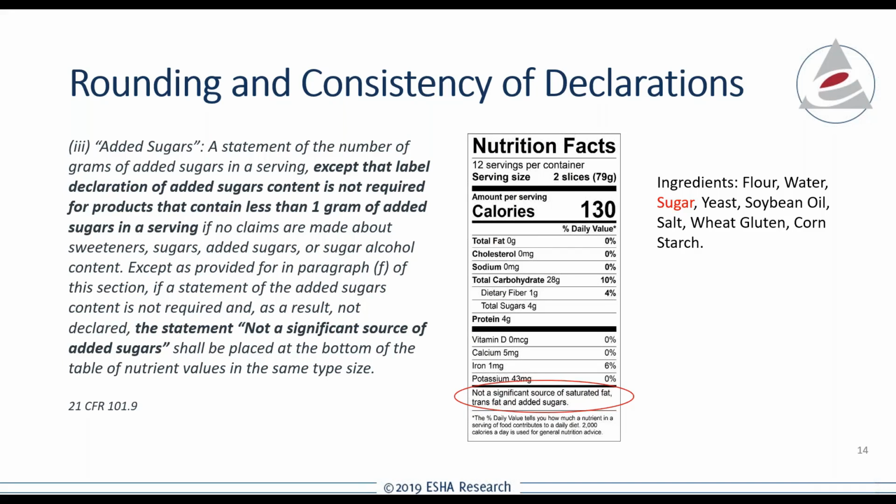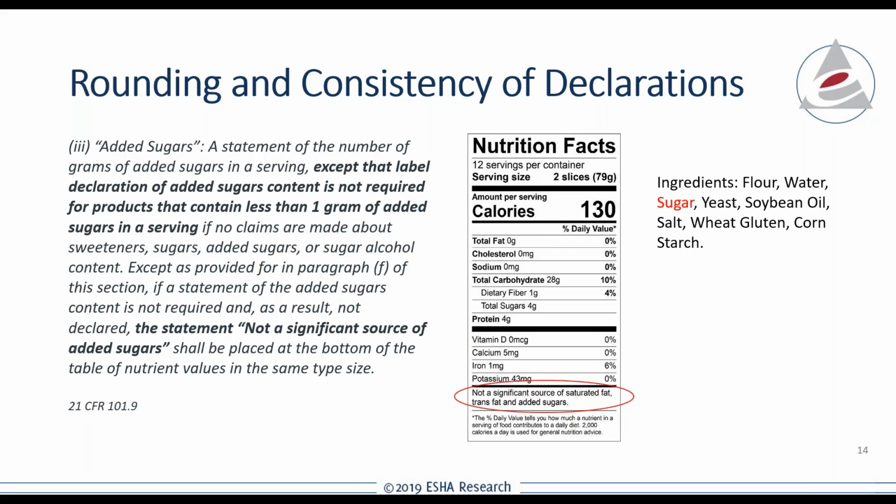It is compliant to declare zeros on the label and still list sugars in the ingredient list. But in general, you want to carefully consider the consistency of any information that you present on your labels. Perhaps in this case, use of the insignificant statement would be helpful, or perhaps providing a statement about added sugars on your product website FAQ might be helpful to consumers.